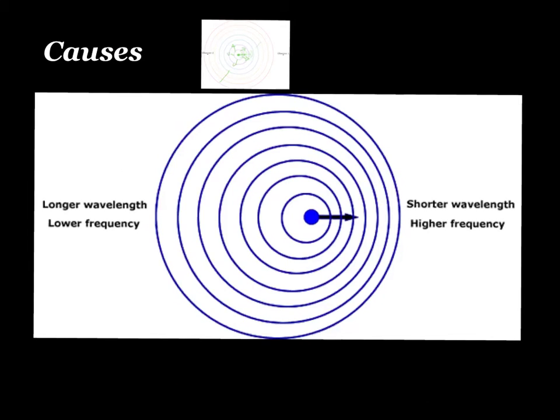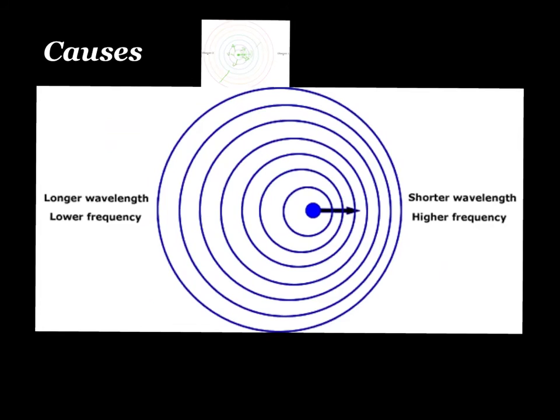So as our object is moving to the right, it's piling up the waves a little bit, and so you're having shorter wavelengths. If I were standing right here, and these waves were passing me, I would experience the shorter wavelength, which I would hear as a higher frequency.